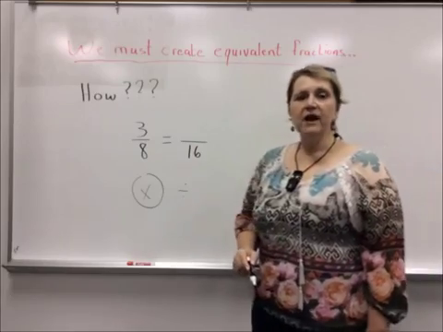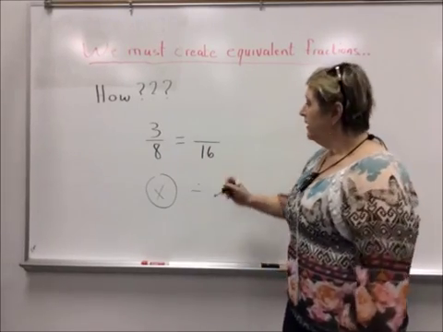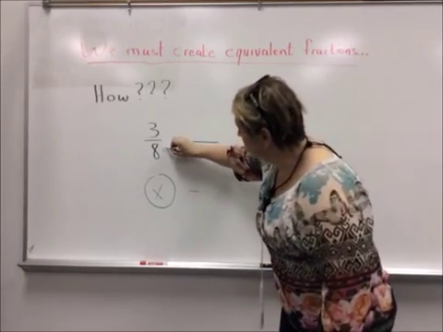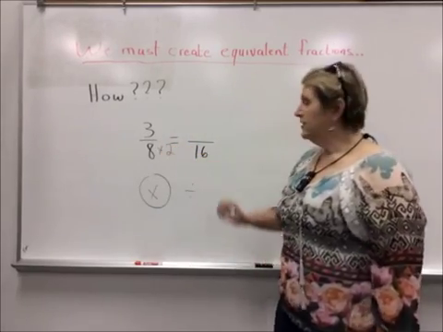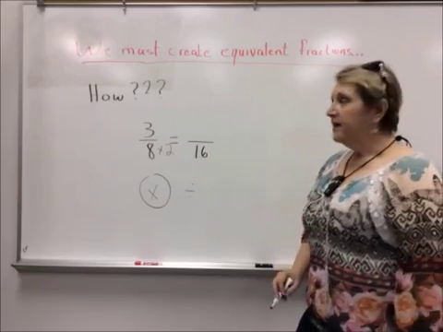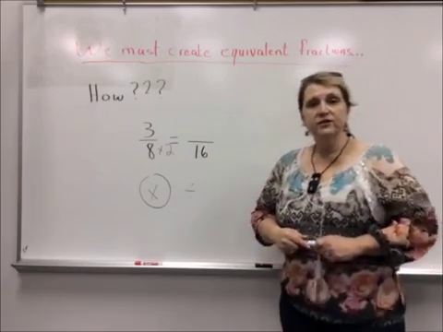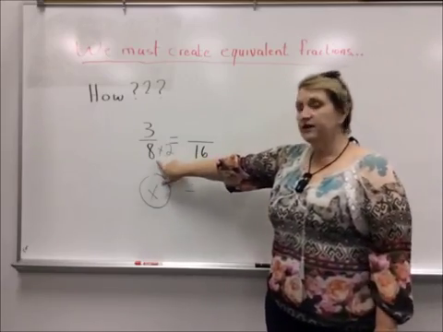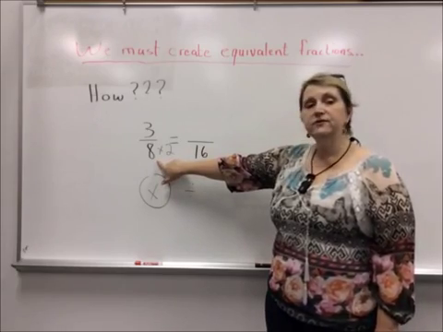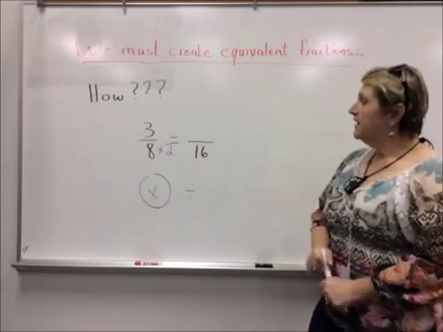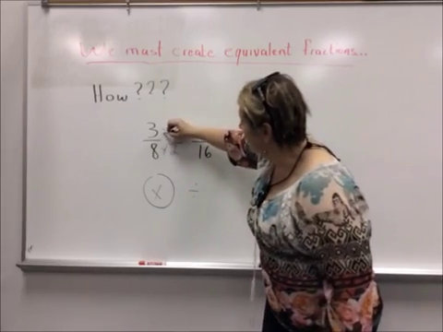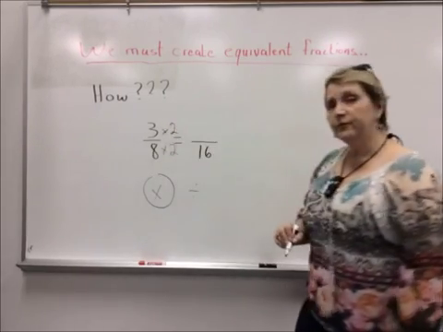And if you know your fraction facts, then you know that if we take 2 and multiply it by 8, we will have 16. Now, one of the rules of equivalent fractions is whatever we do to the denominator, we also have to do the same thing to the numerator. So, because of that, we're going to also multiply it by 2.